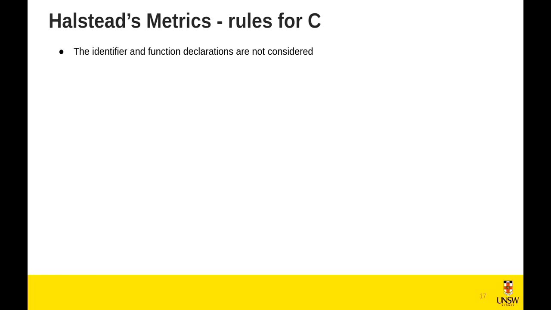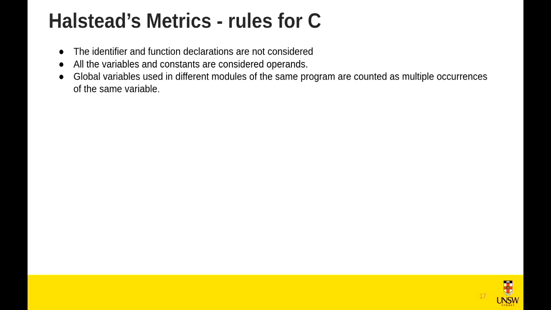This slide contains a lot of content, but it is only for documentary purposes. You don't have to remember everything in this slide, but I will go through them one by one to explain. The first one is that identifier and function declarations are not considered here. Whenever we declare a function or a new variable, it is not considered for the complexity counting. Variables and constants are counted as operands.